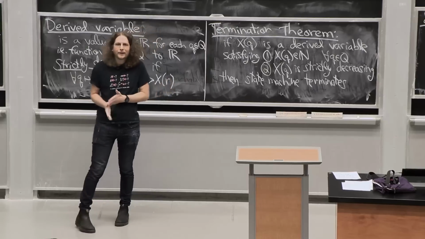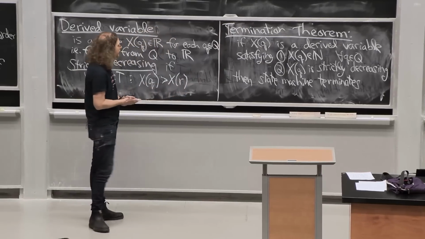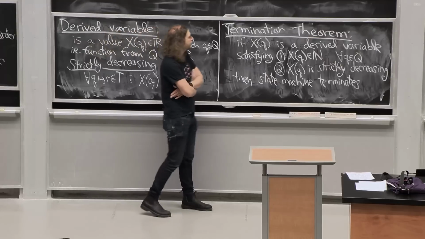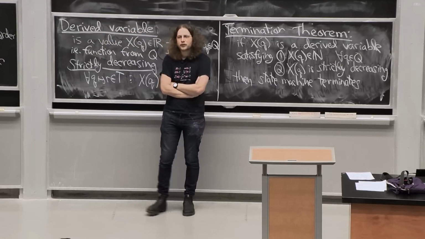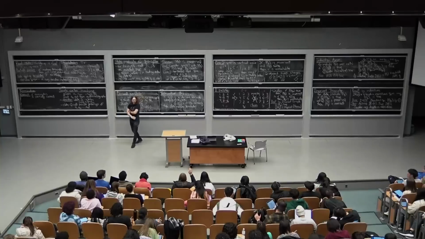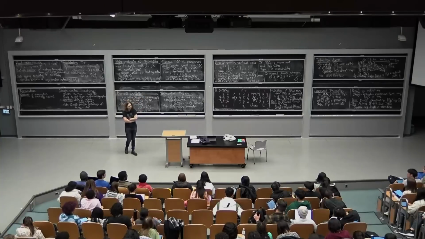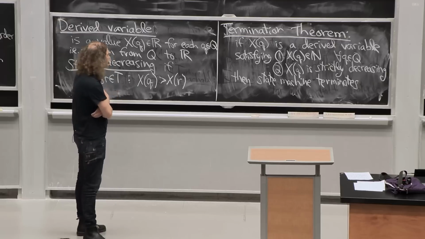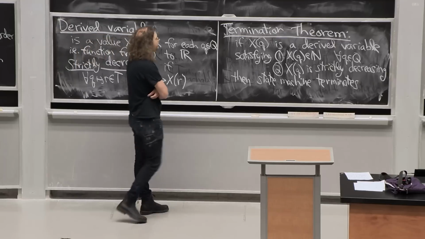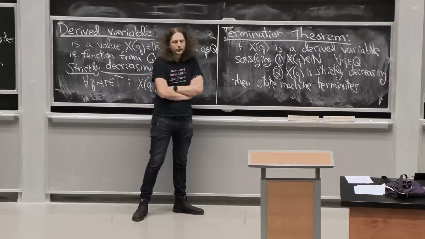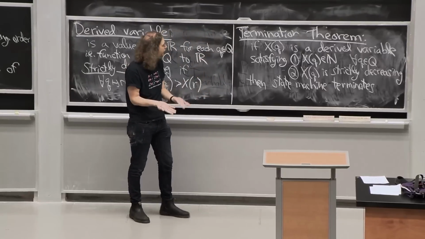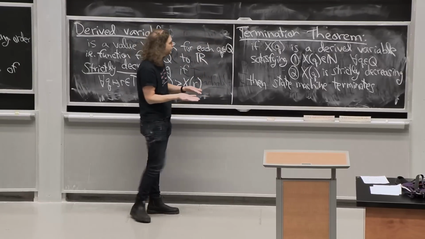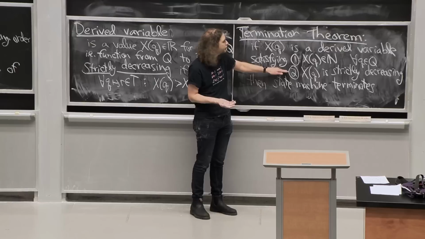Why? Any guesses why this is guaranteed that our machine terminates? Well, when we reach 0, if x of q is strictly decreasing, there's nowhere to decrease, so there must be no more transitions. That sounds good. So when x of q reaches 0, I don't know if it does, but if it reaches 0, you definitely can't go any farther because there's no transitions out of 0.